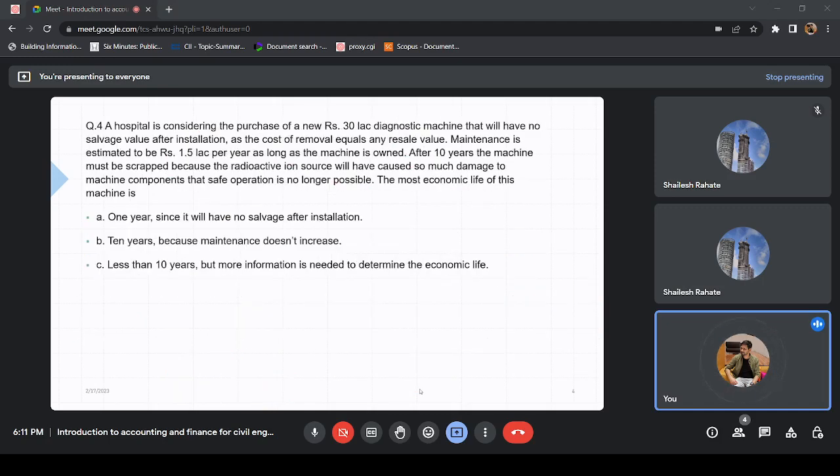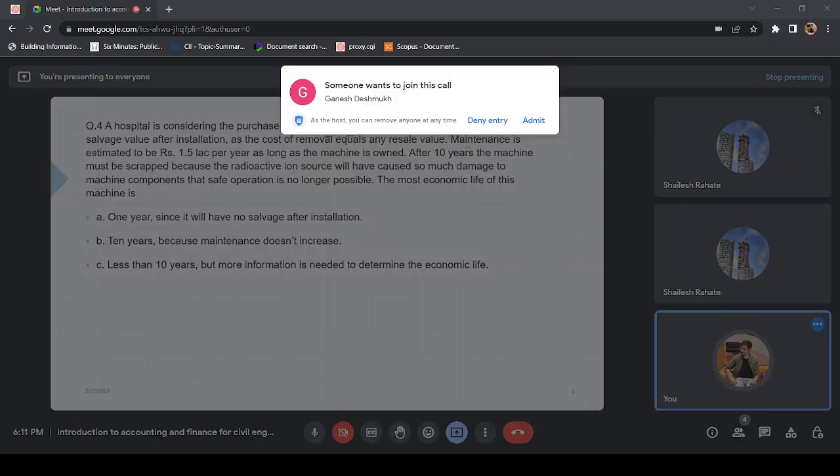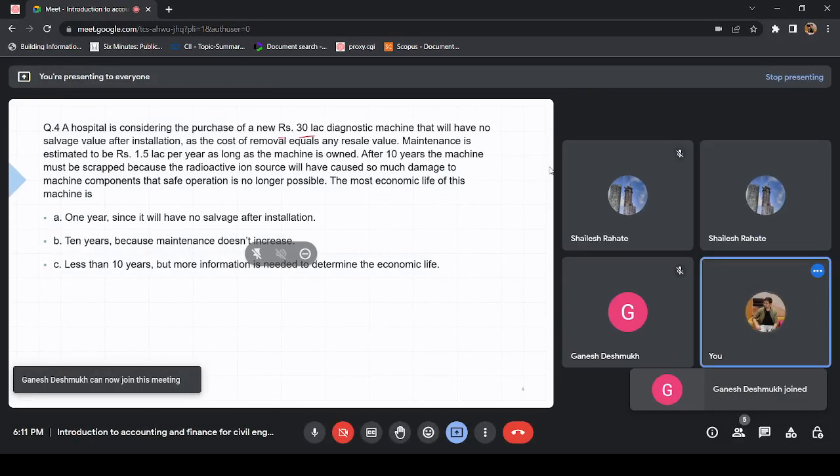Okay, so moving forward, a hospital is considering the purchase of a new equipment that costs rupees 30 lakh, and there is no salvage value even after the first year. You have been given the initial cost, salvage value is 0.